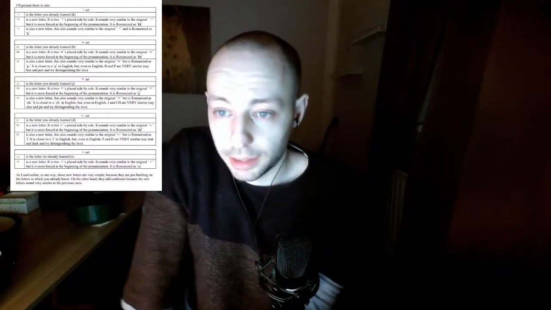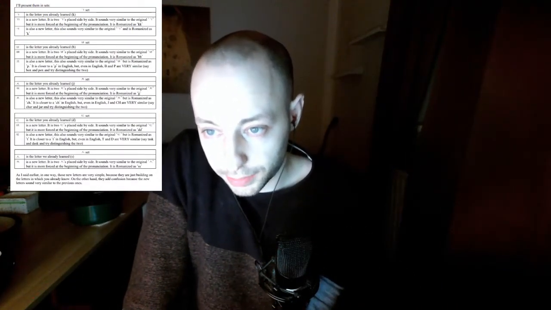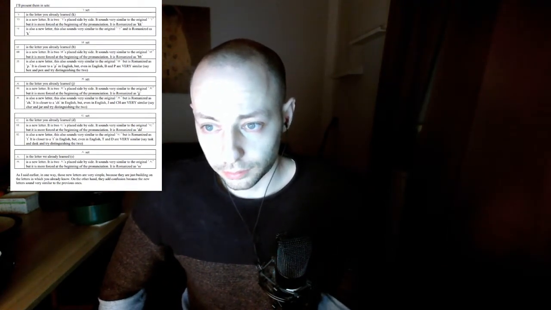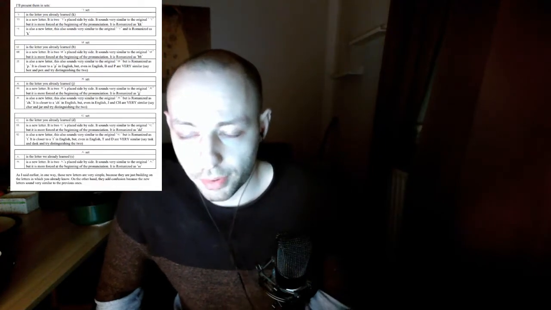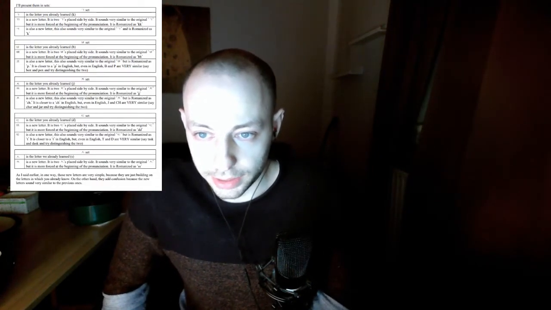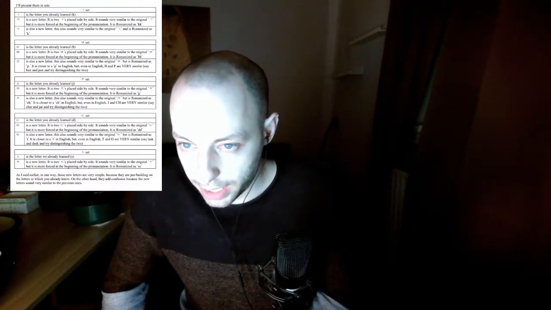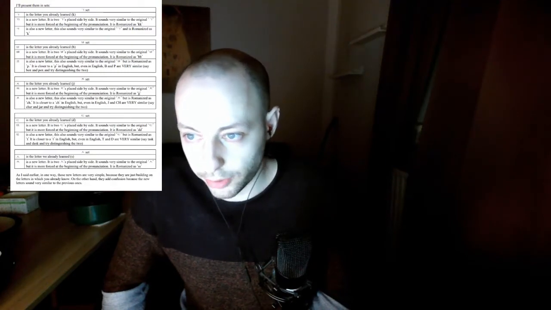K set. K is a new letter. It is 2 K's placed side by side, double K. It sounds very similar to the original K, but it is more forced at the beginning of the pronunciation.